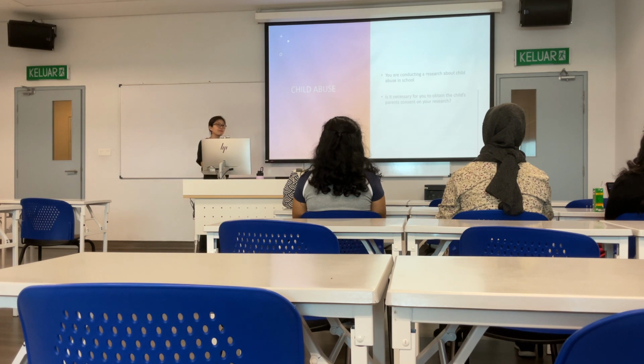We cannot let the parents know, because if they know, the child or adolescent will be subjected to certain risks. The parents may punish or harm them for participating in the research study.